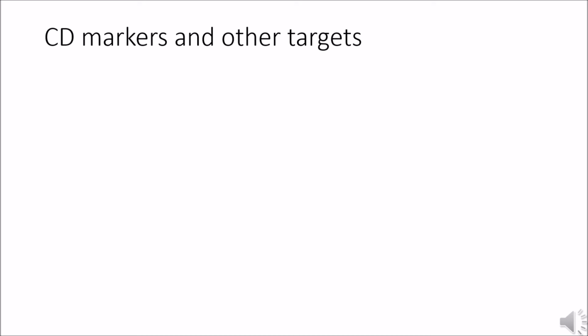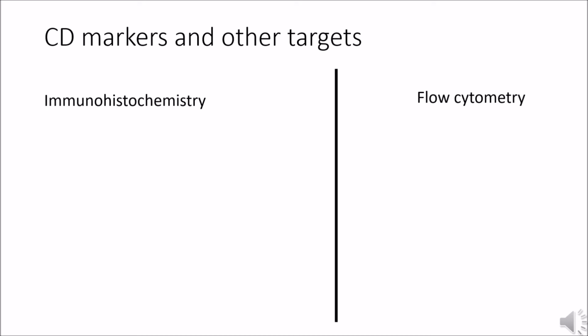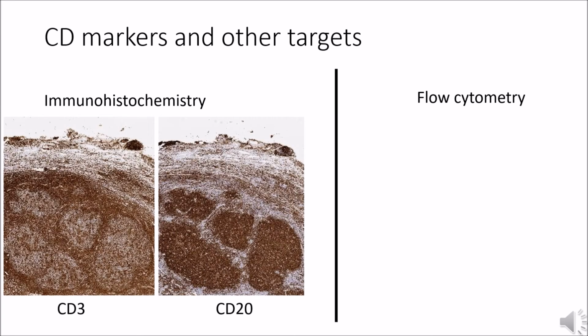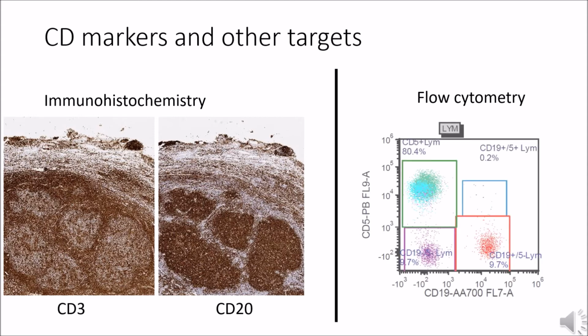Clinically, we study CD antigens by immunohistochemistry and by flow cytometry. Immunohistochemistry is performed in situ on formalin-fixed tissue sections. An antibody specific to a target antigen, like CD3, attaches to antigen-positive cells, like T cells, and is eventually labeled to be visualized. The second is flow cytometry, which is performed on unfixed viable cells.